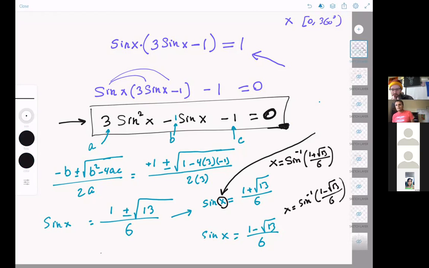So if it's not exact, if you don't see it on the unit circle, we use inverse.